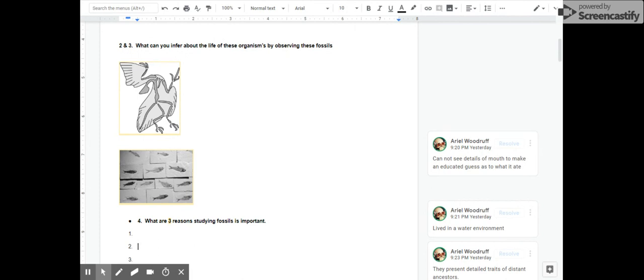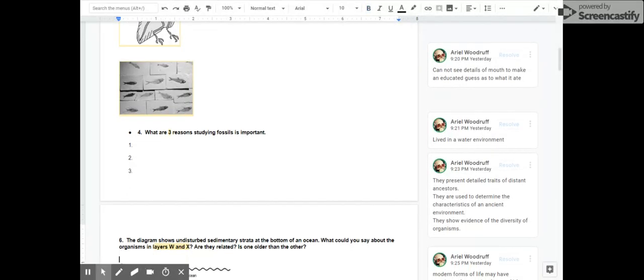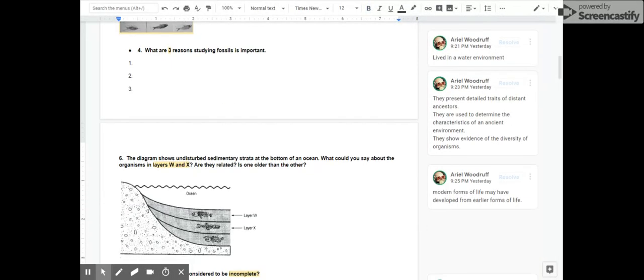There's other inferences that we could make if we were to zoom in and to know if all these fossils were found in the same area at the same time. But for this section, we're just going to focus on they lived in a water environment. Seems kind of obvious, but those are some of the clues that fossils give scientists about where they came from and what the world looked like when those fossils were living.